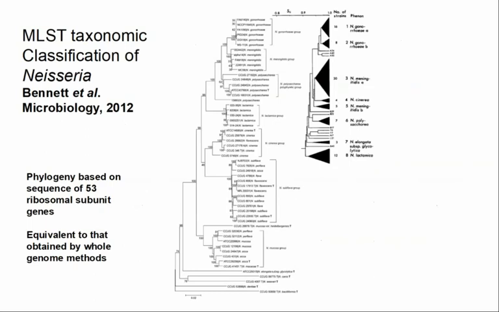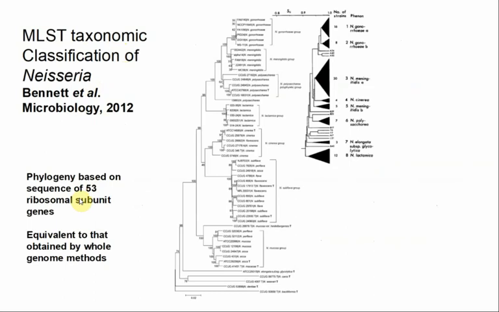This was an article, 20 years later after the phenotypic classification of Neisseria species. This is a publication with classification of the same types of bacteria, this time with a molecular phylogeny approach, using the sequences of 53 ribosomal subunit proteins.